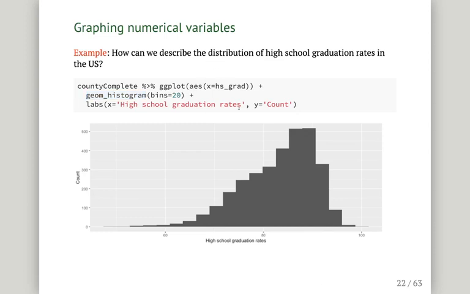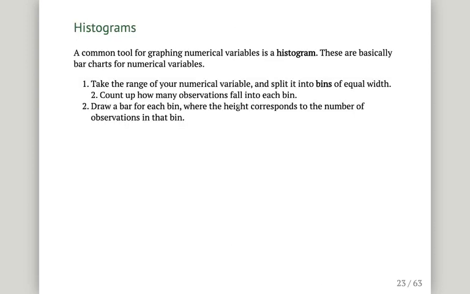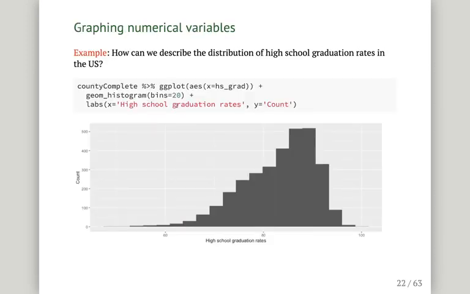So here we've got our histogram. The way this histogram is created is by taking the range of the numerical variable and splitting it into bins of equal width. So if we take a look at how many bars there are in this histogram, we should count 20. Some of them are very, very small. R is smart with how it assigns axis widths. It will not go beyond the boundary of the data unless you tell it to.